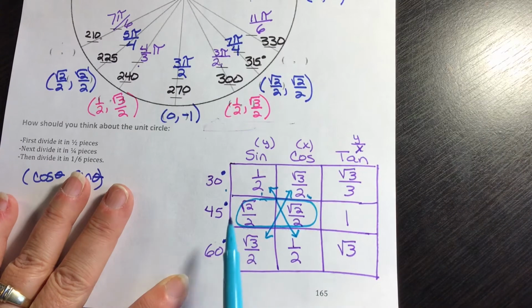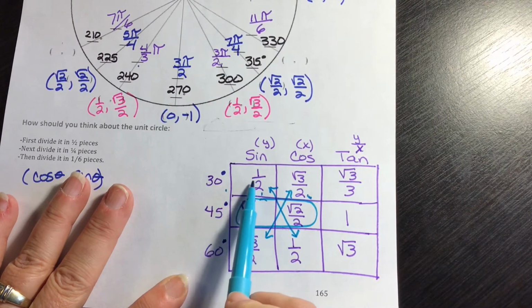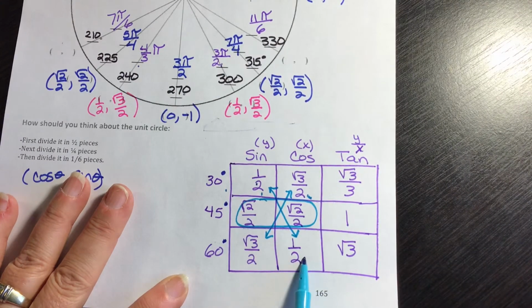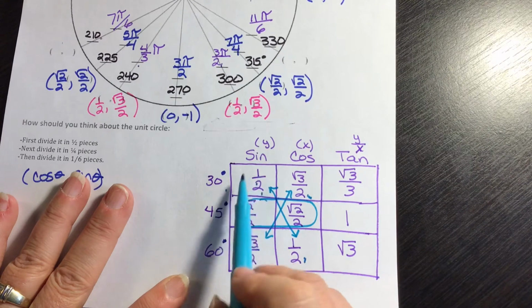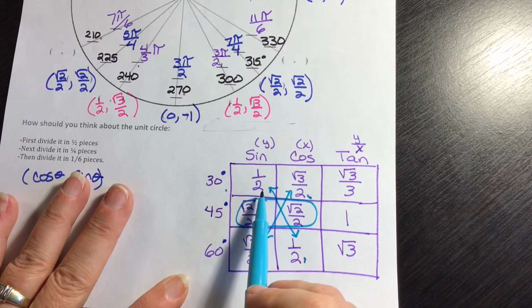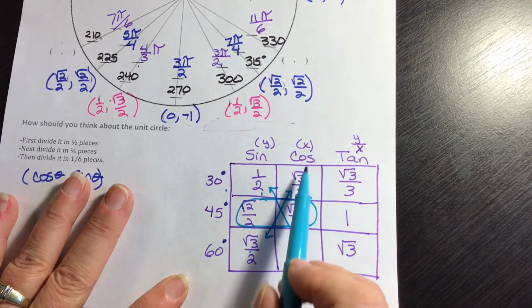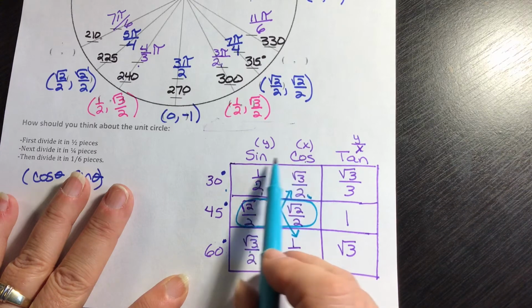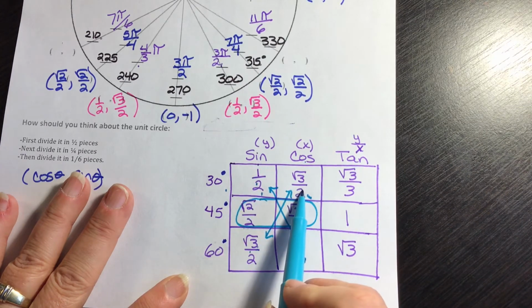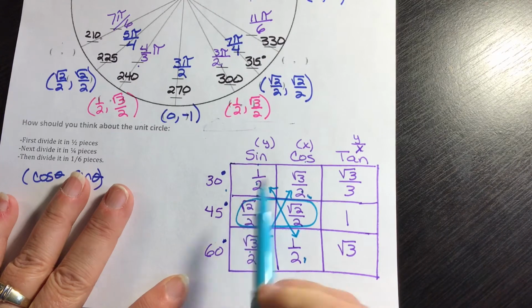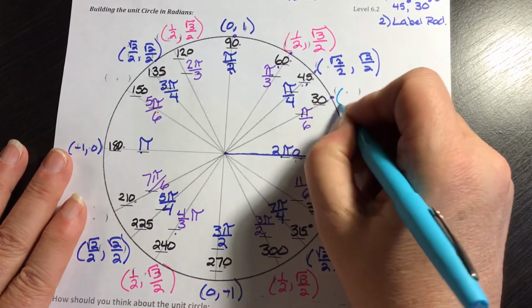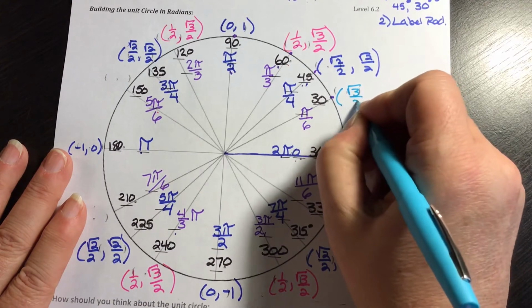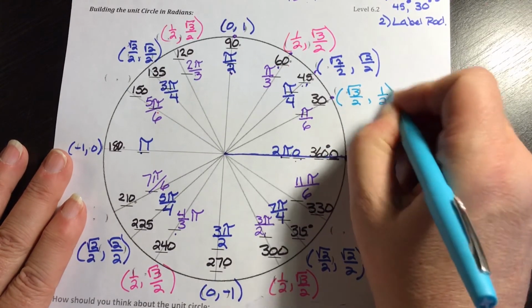Sine of 30 is 1/2, where cosine of 60 was 1/2, and the same thing for square root of 3 over 2. The coordinates I put in my ordered pair are the cosine and sine, so I have square root of 3 over 2 and then 1/2. If I go back up here, 30 degrees is square root of 3 over 2 and 1/2.